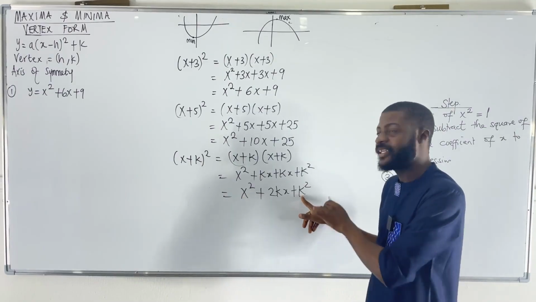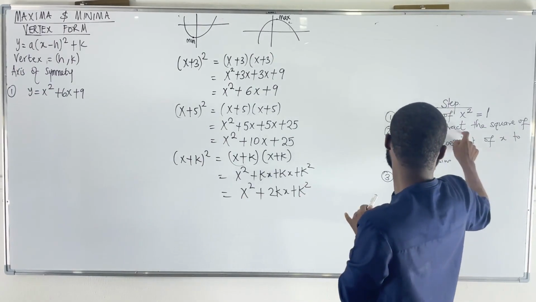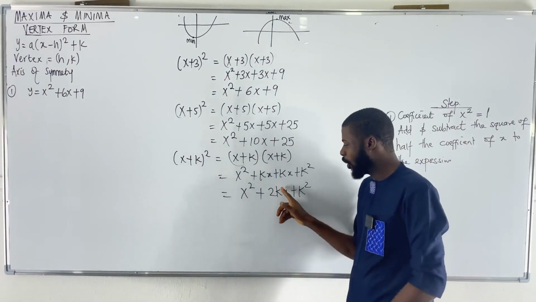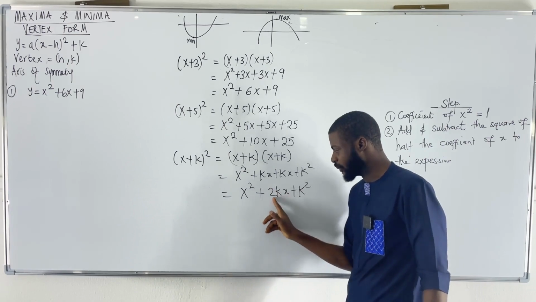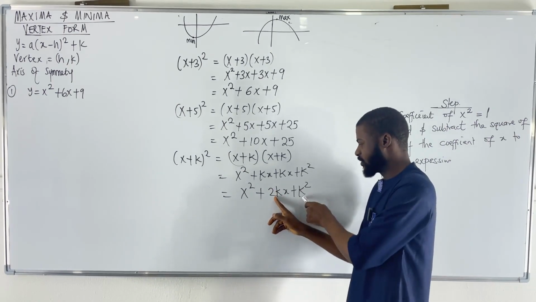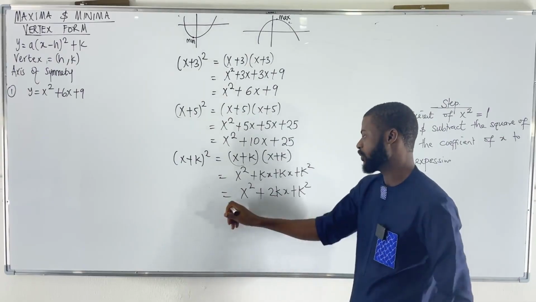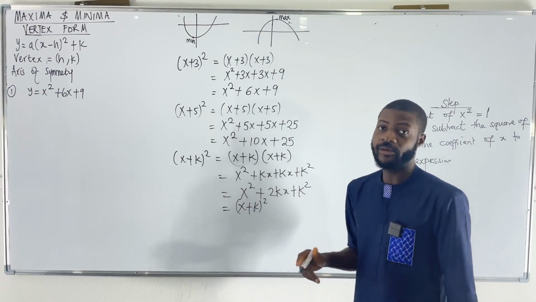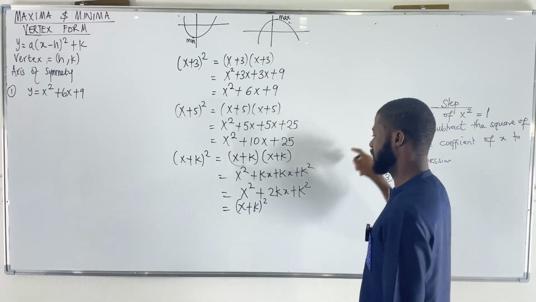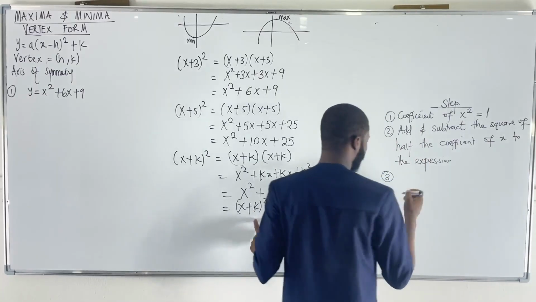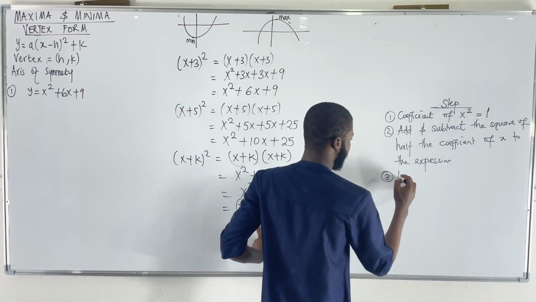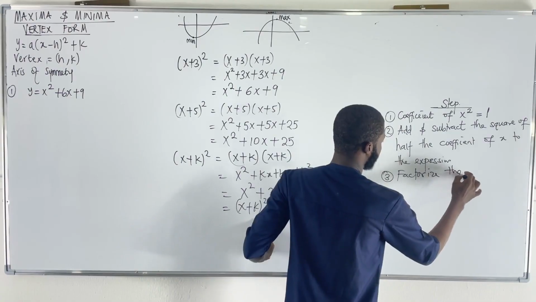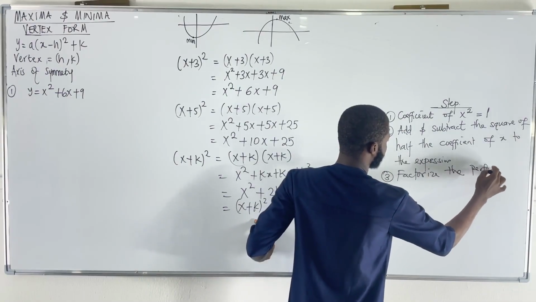The last guy here is also a square, which is the square that you're adding. You also make sure that the guy in the middle is double of this number. Then you have a perfect square. You could just say this is x plus k all squared. Now remember, if you do step number 2 correctly, step number 3 will be good. So you can factorize a portion, the perfect square portion.